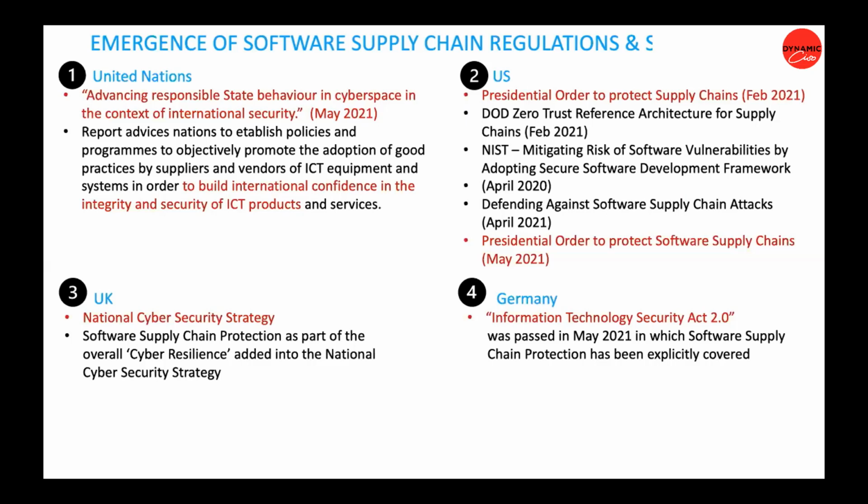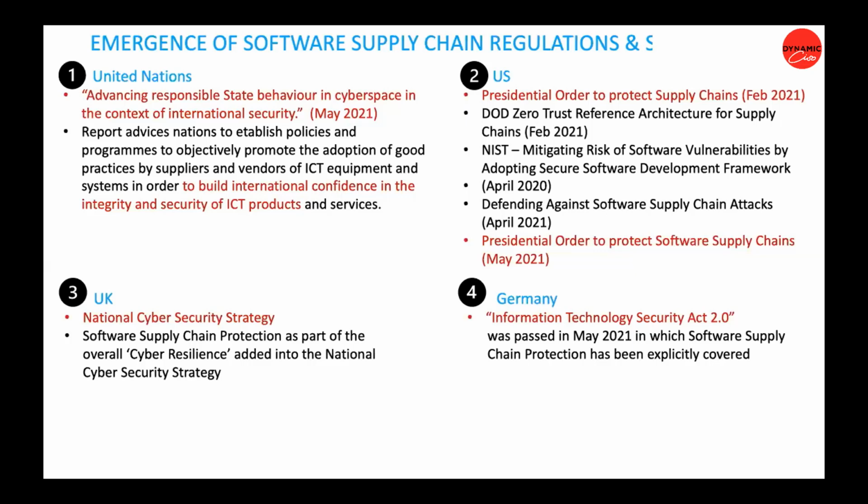Right from the United Nations, they put up a report and they advised nations to establish policies for adoption of good practices so that, internationally, there would be confidence in the integrity and security of ICT products. That was the United Nations General Assembly resolution, right?